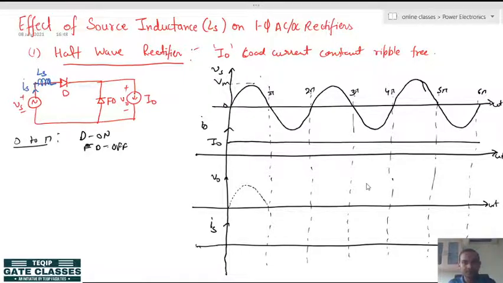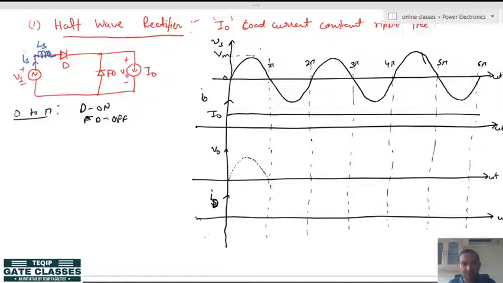Instead of the source current, let us draw the diode current ID, and there is no space here, so let me draw here. We also draw the freewheeling diode current, I freewheeling diode.